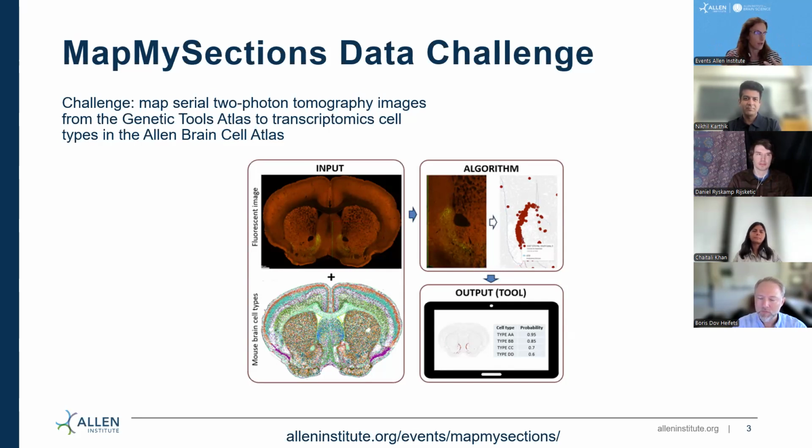The motivation behind this data challenge was we know that the Allen Brain Cell Atlas is a useful tool for looking at different cell types in the brain. But if someone wants to use that information to design an experiment, they're probably going to next ask, is there a genetic tool available to label this particular cell type that I'm interested in? And so the goal of this challenge, again, was to link these different data types together.